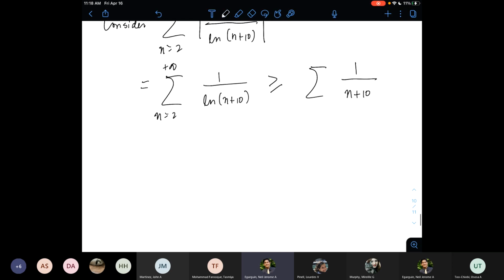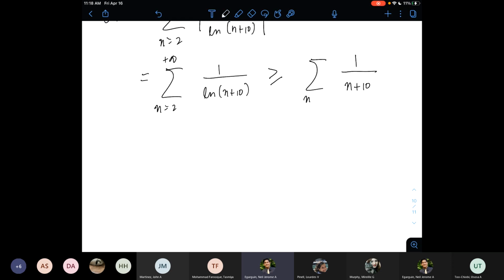Now, actually, I can further simplify this as 1 over n. Again, what I did here is to lower down the denominator, and that makes the fraction larger. Or probably I should not do that because I will have this inequality here.